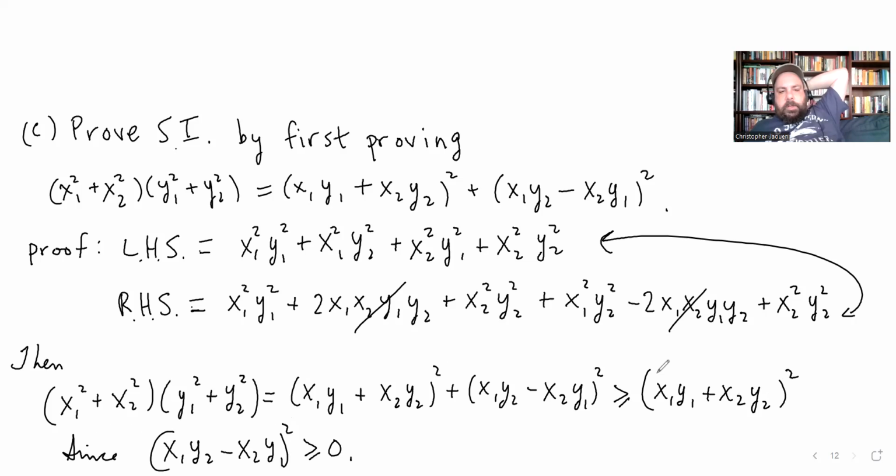So Cauchy-Schwarz, and then just take the square roots of both sides and you get the Cauchy-Schwarz inequality. So that's the proof.